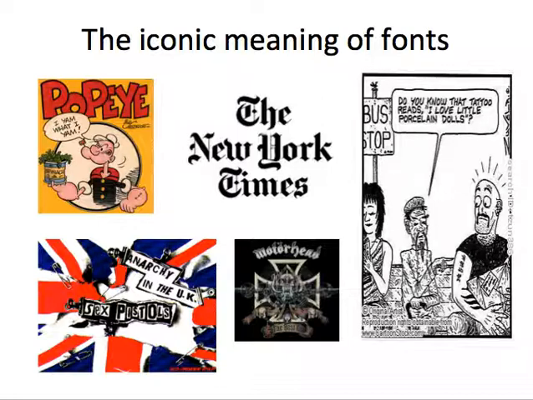Notice how that Gothic has also moved into music, to express heavy metal. So that's the notion of iconicity and the connection to language. When you have that kind of connection, we're talking about more of a non-arbitrary relationship between the signifier and what is signified.